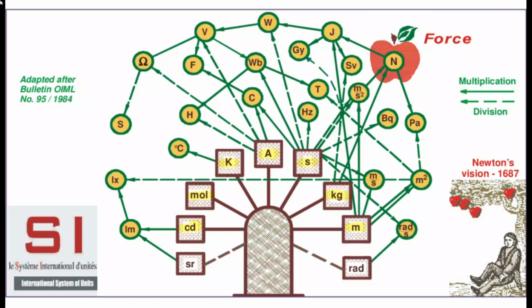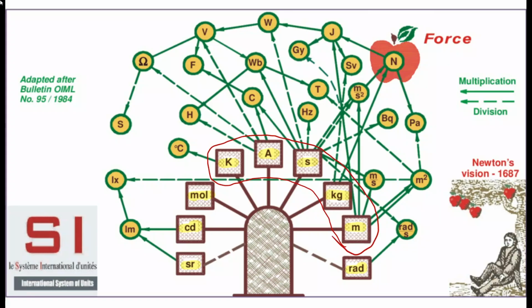These two are called supplementary units, so we will not go through them. So we have 7 units, and we will focus on only these 5: meter, kilogram, second, ampere, Kelvin.